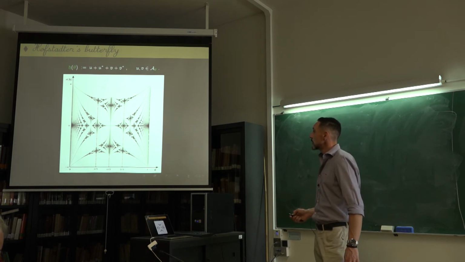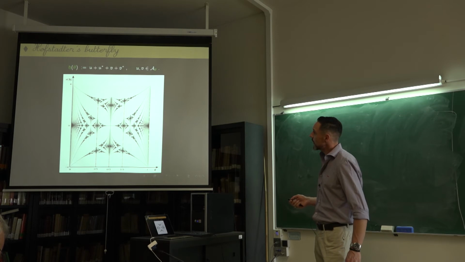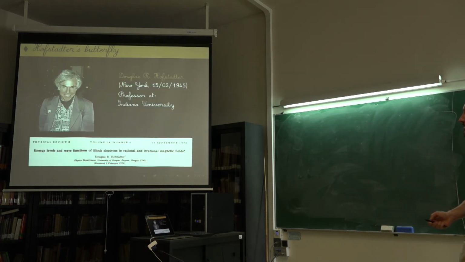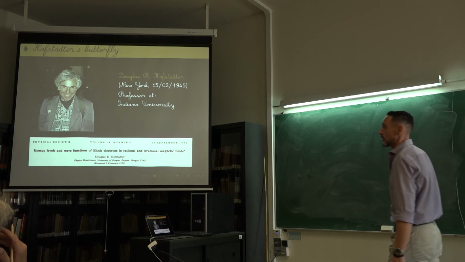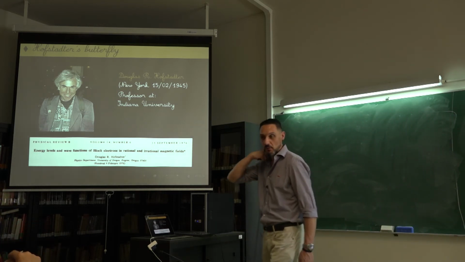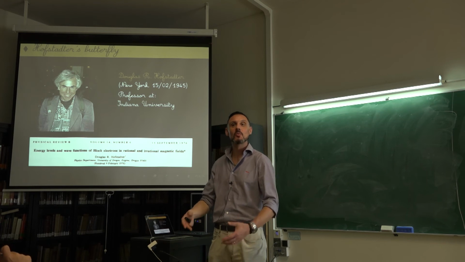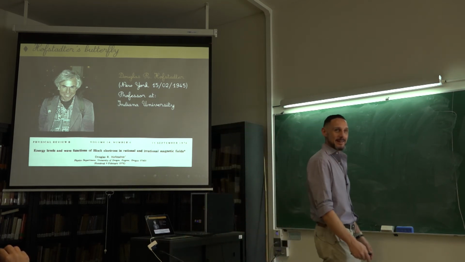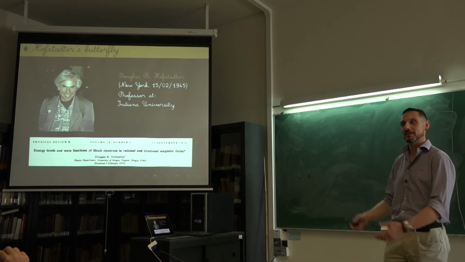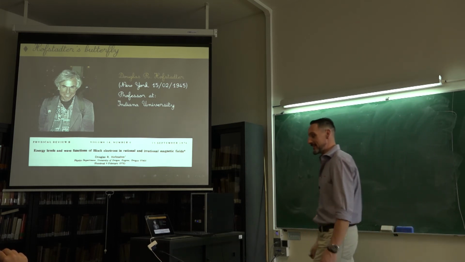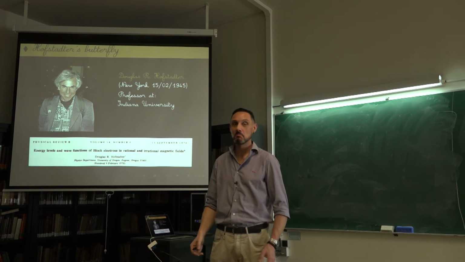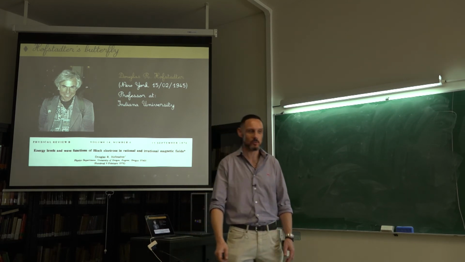Well, this is called the Hofstadter butterfly because this picture was the result of the PhD thesis of Douglas Hofstadter. He was the first able to program a machine, and I think after a week he went back to the office and this butterfly popped up, and he was extremely fascinated by, let me say, the beauty of this picture.